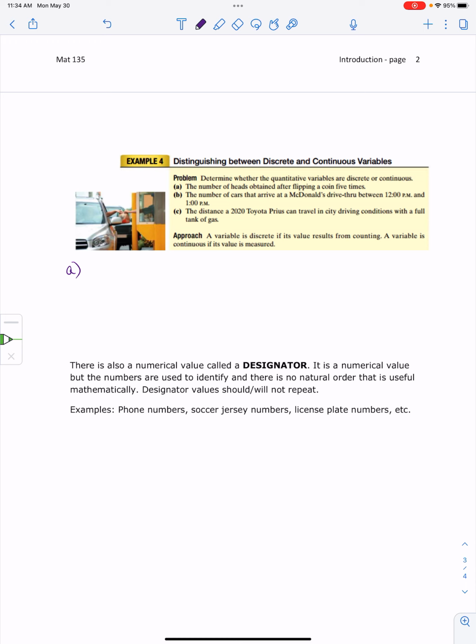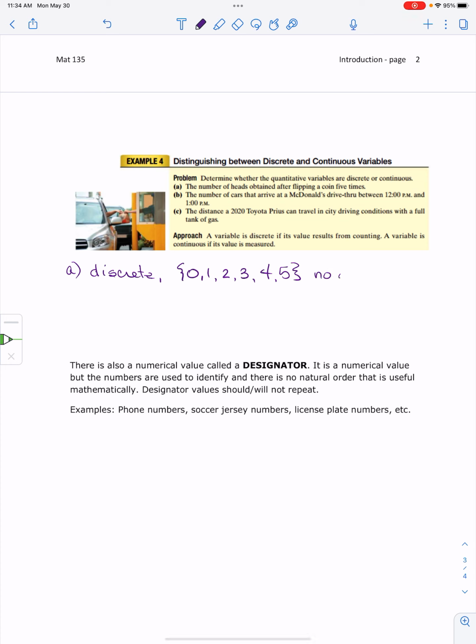So let's take a look at situation A. A says we're counting the number of heads obtained after flipping a coin 5 times, and I gave it away when I said we are counting. This is definitely discrete. Okay? I am going to have 0, 1, 2, 3, 4, or 5 heads.